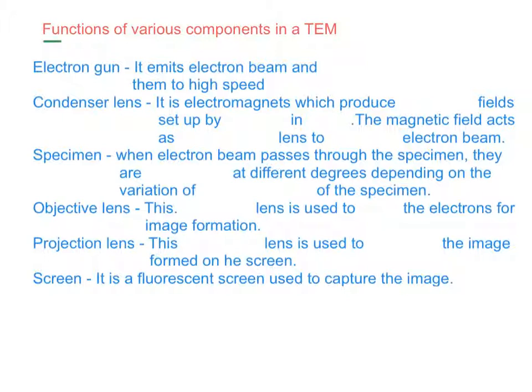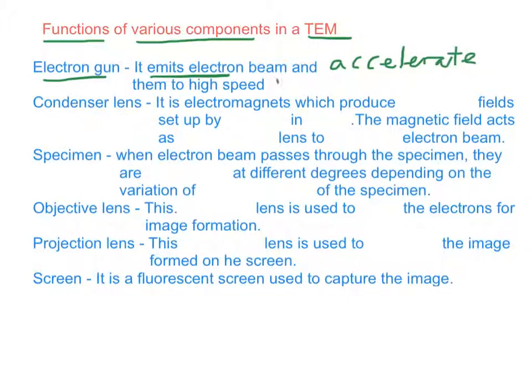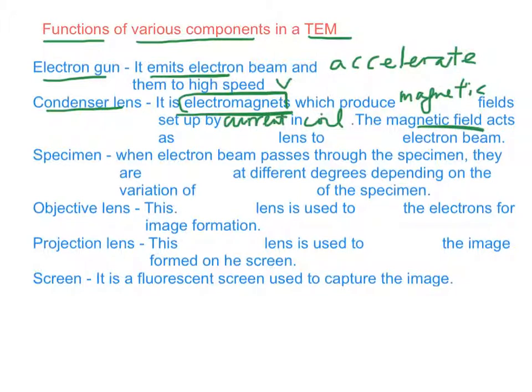Let's revise the functions of various components in a TEM. Electron gun, which emits electron beams and accelerates them to a high speed. The condenser lens is an electromagnet, which produces magnetic fields set up by the currents in the coils. These magnetic fields act as a convex lens to converge the electron beam.